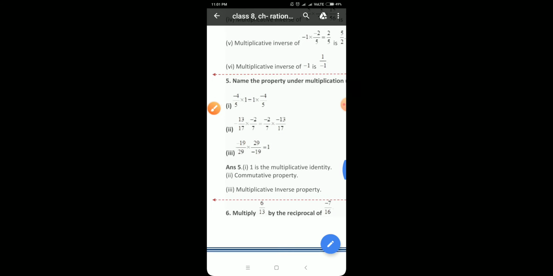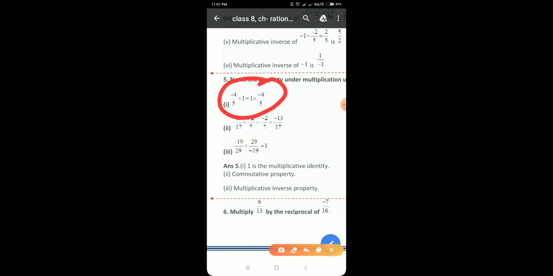Now question number 5: name the property under multiplication used. You have to write the property where multiplication is used in the following. So in the first you will see that there is 4 by 5 into 1 is equal to 1 into 4 by 5. So 1 is used as the multiplicative identity, and the left hand side and right hand side are the same.